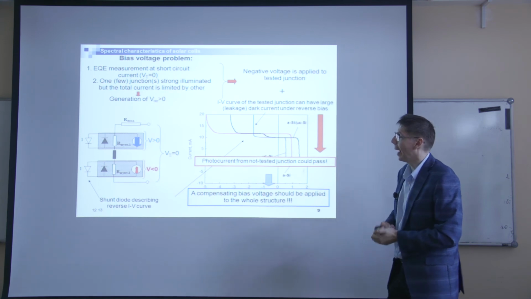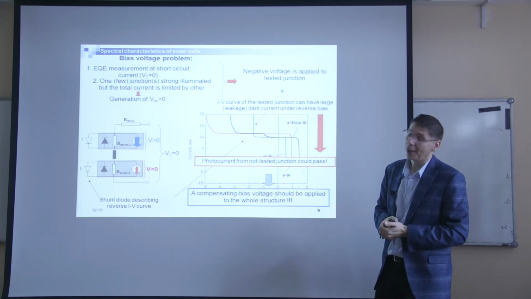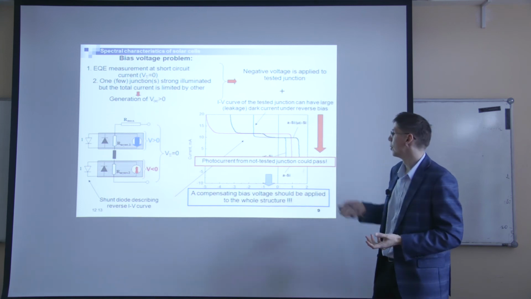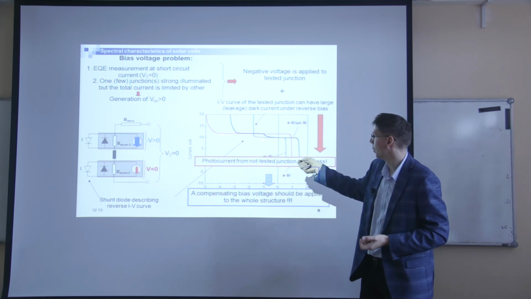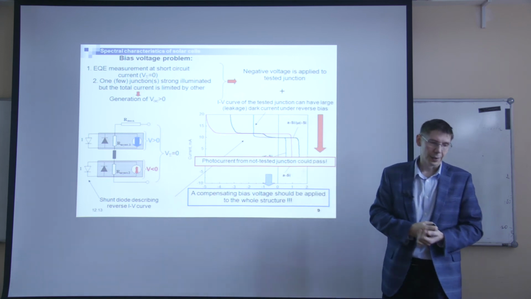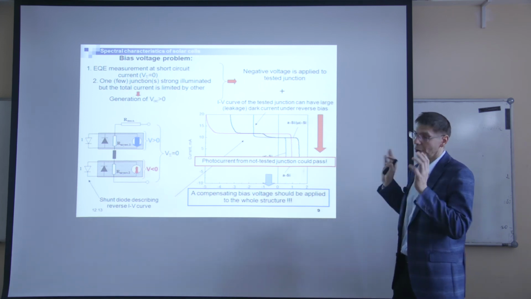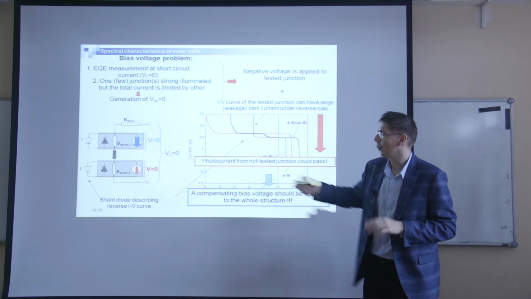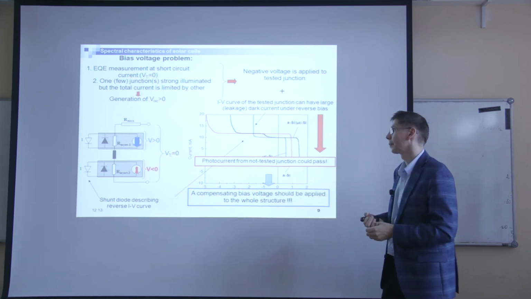So actually, for good solar cells, if there is no leakage, so if you have a reverse IV curve which is flat, it gives no problem. So you can measure, because you don't care about what happened with this unmeasured junction.